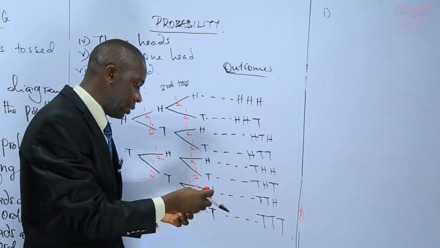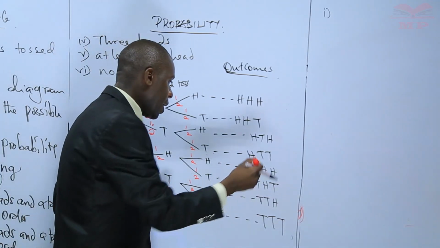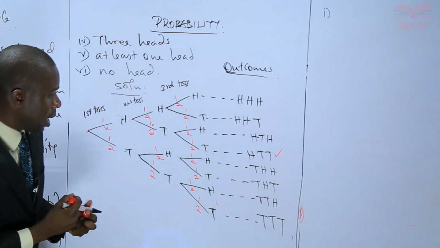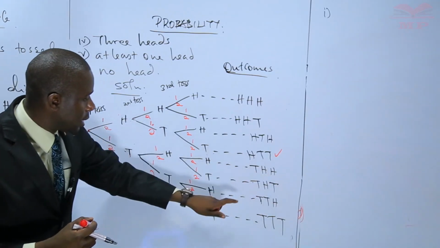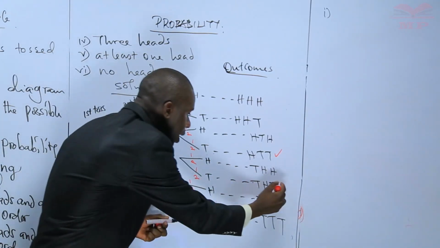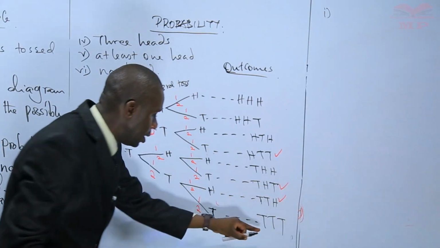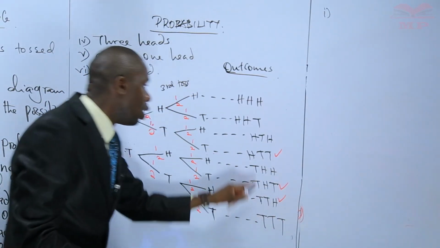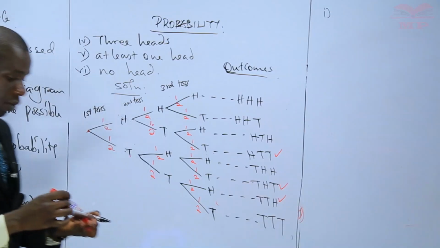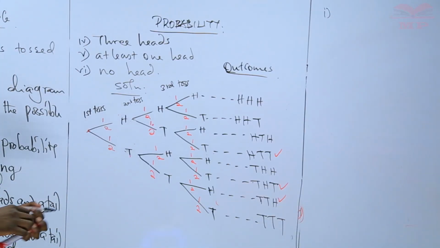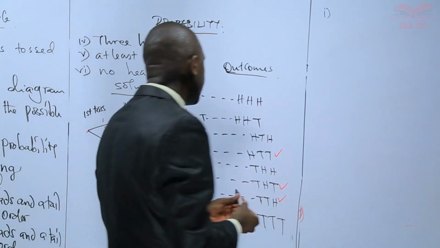So we need this, we can tick it, because it has 1 head. We have 2 heads, we have 1 head, so we need this as well. We also have 1 head here. These are now 3 tails, so no head. So these are the 3 possible outcomes we are interested in.